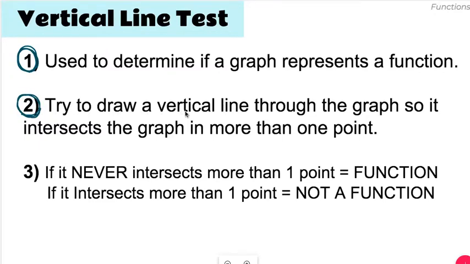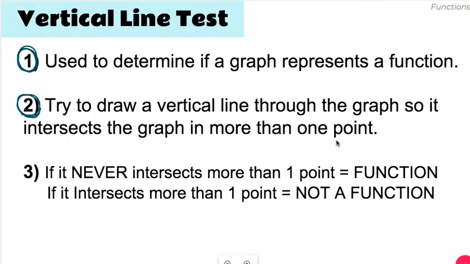Try to draw a vertical line through the graph so it intersects the graph in more than one point. So what you'll do if you have a graph of points or of a line, you're going to draw vertical lines and see, is there any point in this graph that I could draw a vertical line and hit 2 points or more?